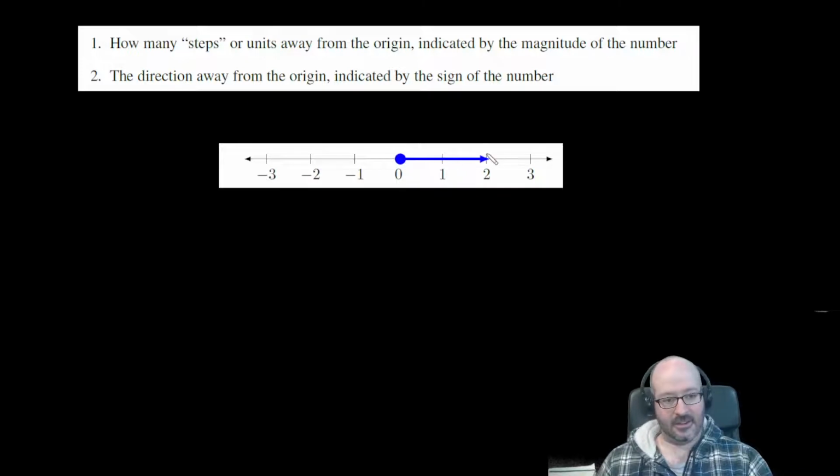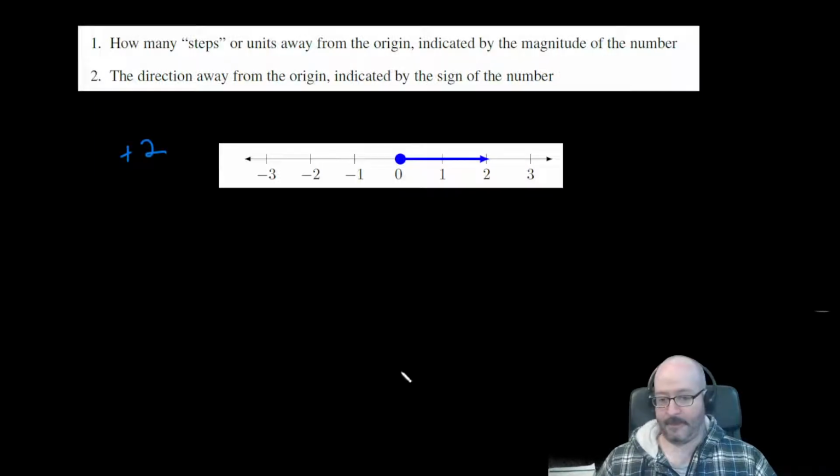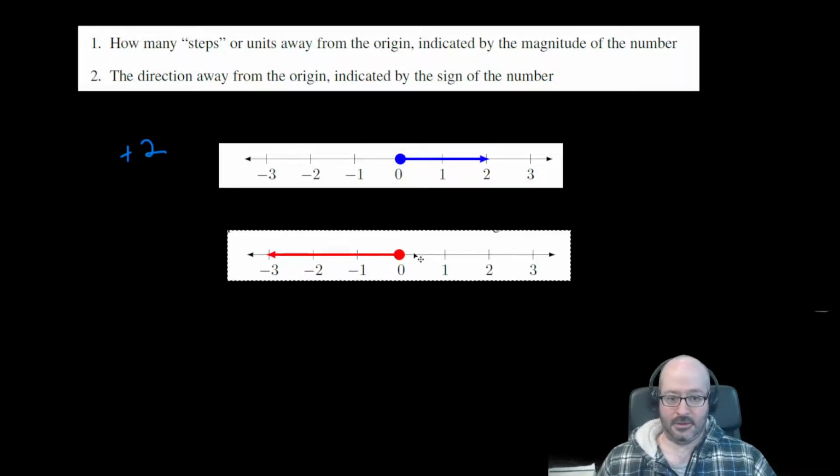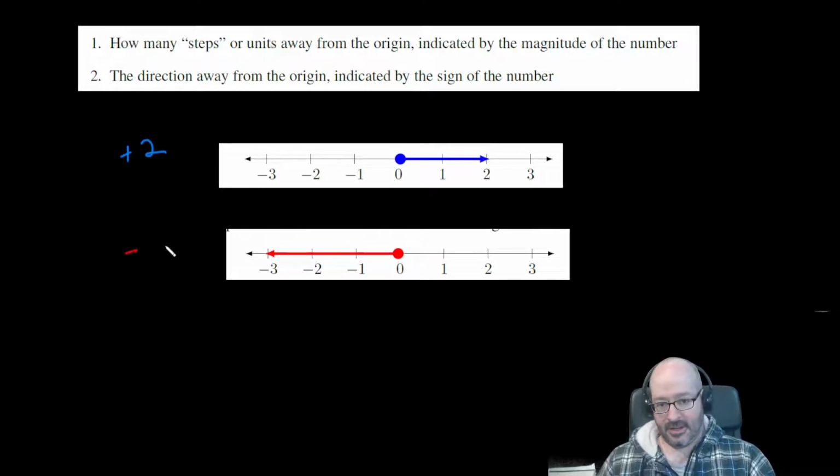It starts at 0 and it points over here to 2. Okay, that's +2. So you get distance and direction in that way. You can play the same game with -3. You might say, hey, that's -3. The negative tells us we're going to the left, and 3 tells us how far we're going. This is what numbers are doing.